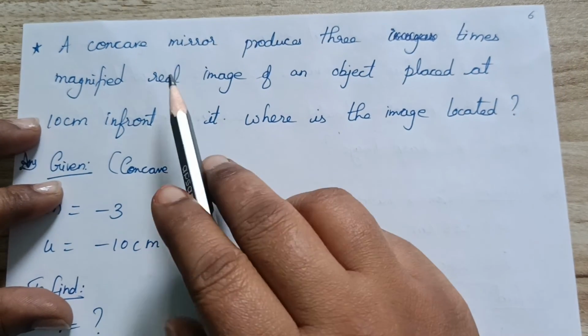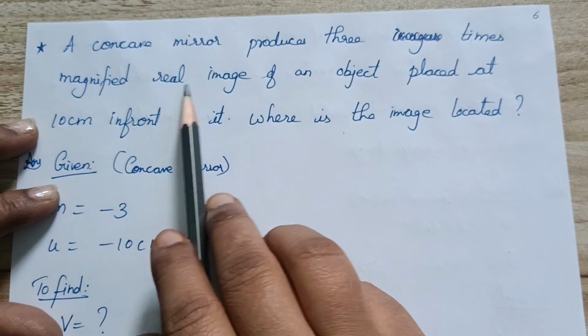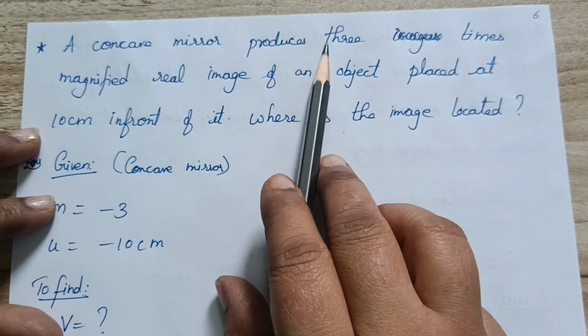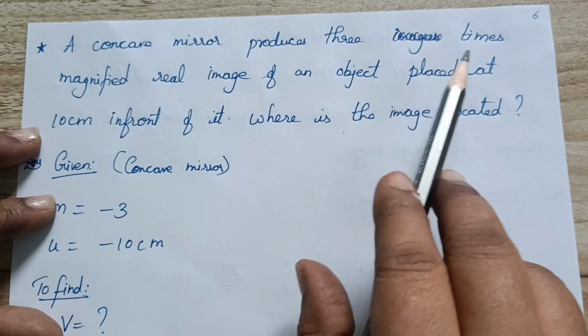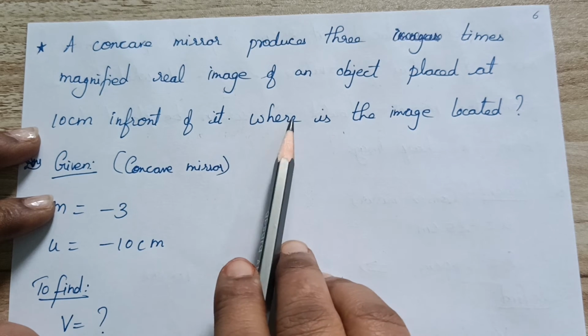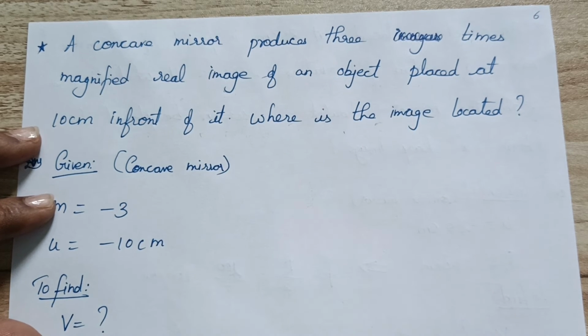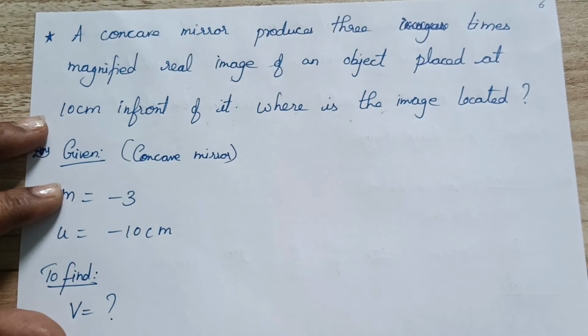Next one: a concave mirror produces a 3 times magnified real image of an object placed at 10 centimeter in front of it. Where is the image located? It is given that it is a concave mirror.